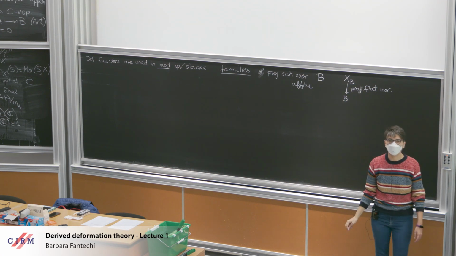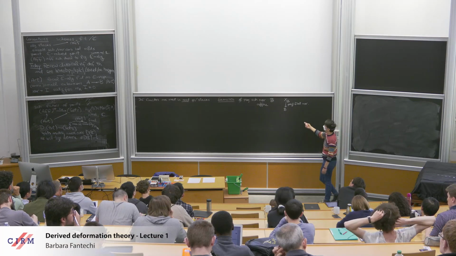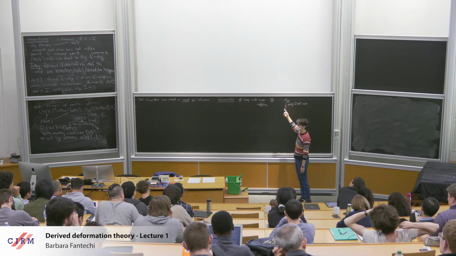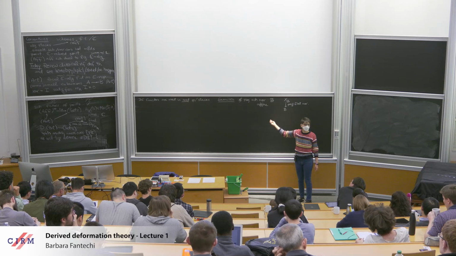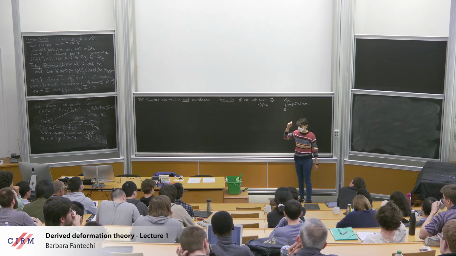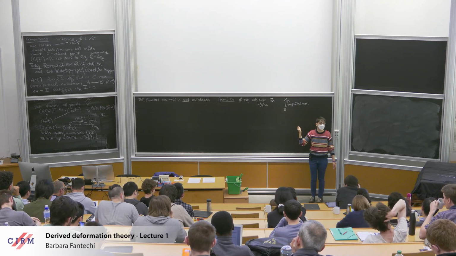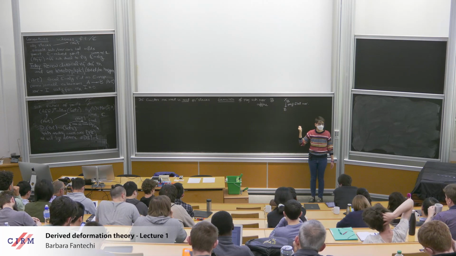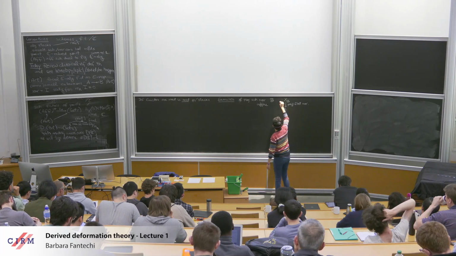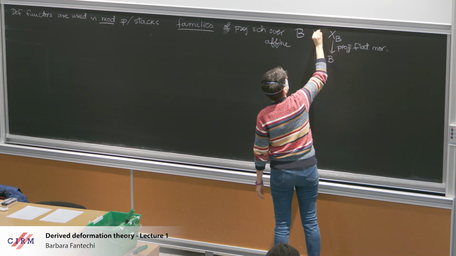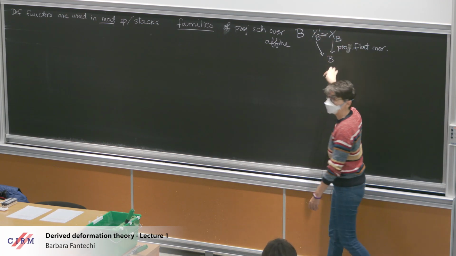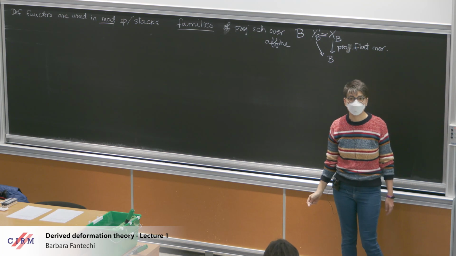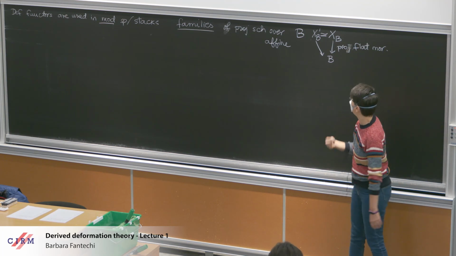So I don't have to worry about that. And then, of course, there is the notion of pulling back such a family, so making a fiber product. And there is the notion of isomorphism of such families, which means, if I have two of them, an isomorphism is, of course, an isomorphism which commutes with the projection to the base.